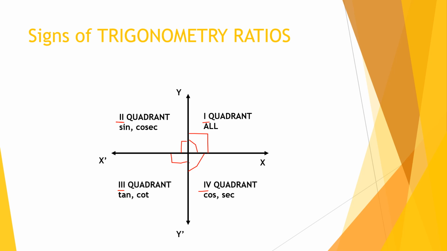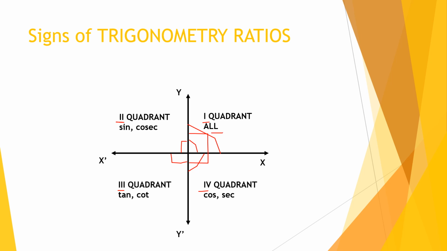When we move on to the fourth quadrant, it is 360 degree minus theta, 270 degree plus theta. After completing one full rotation, again when we move on to the first quadrant, the value will be 360 degree plus theta.